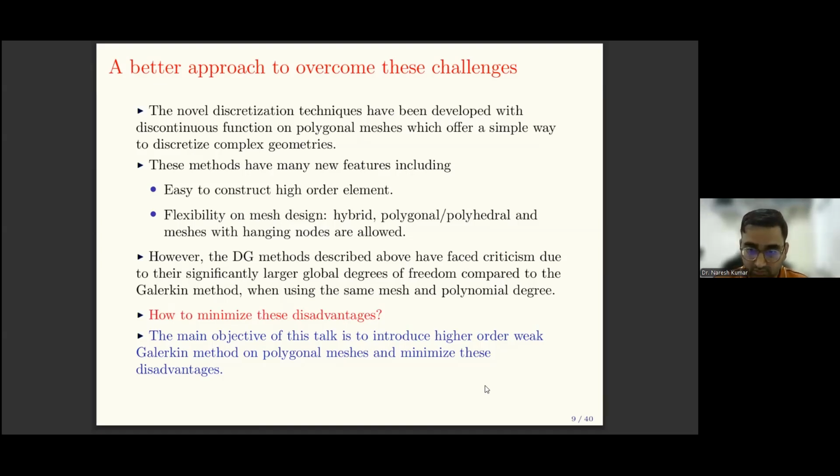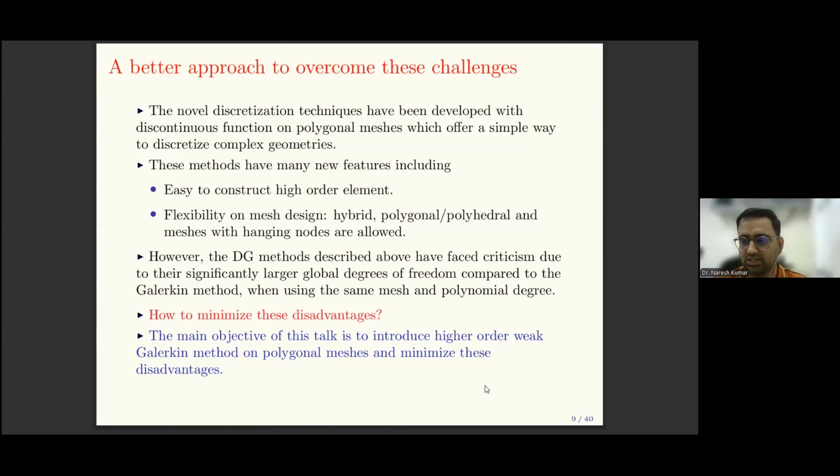But the DG method has some problems. When they use polygonal meshes, there are some large global degrees of freedom in the system of equations.